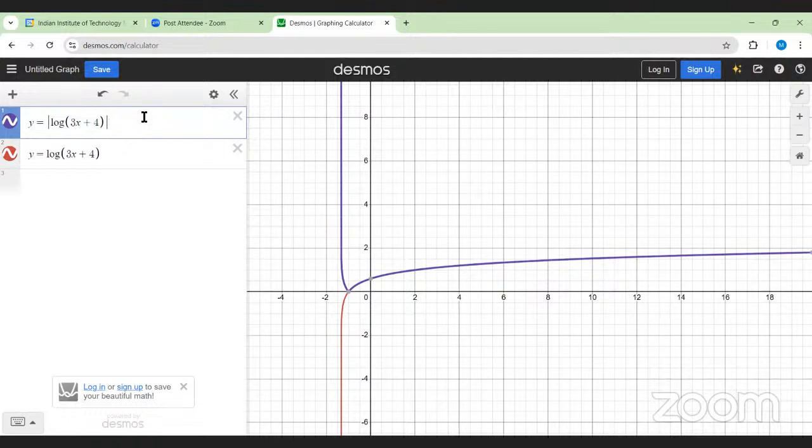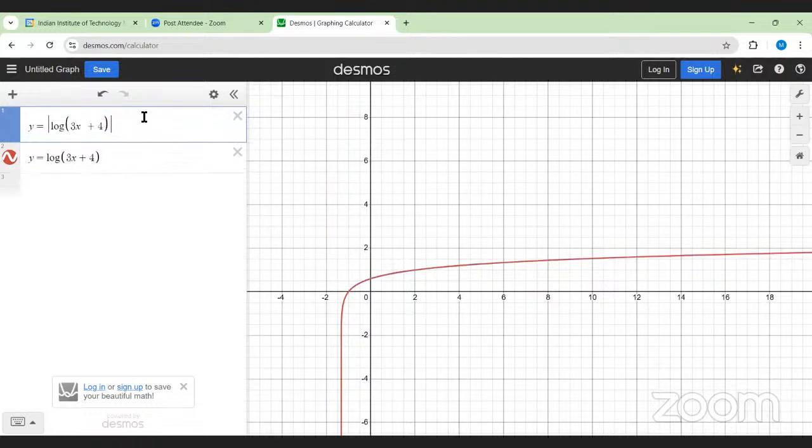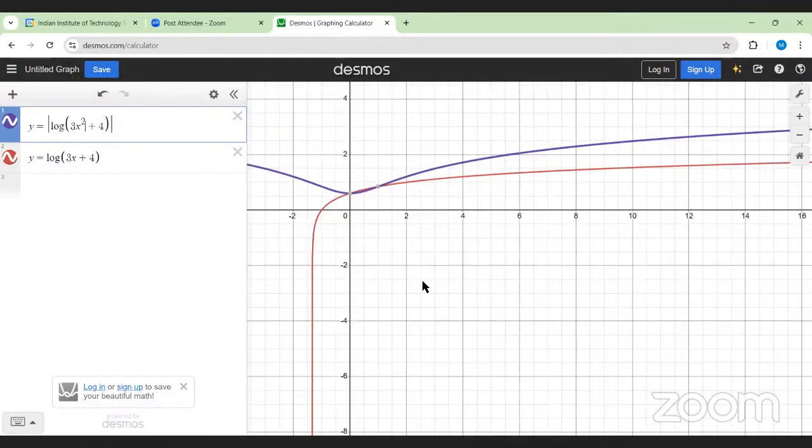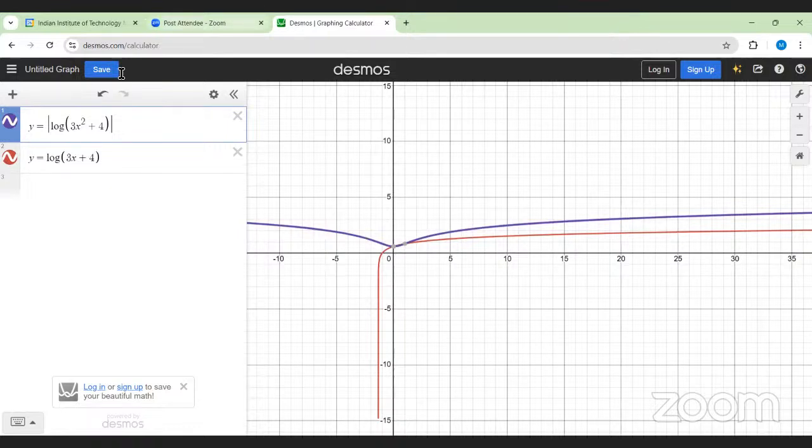If it is a quadratic function, then it won't, because there are some problems. Suppose I take a quadratic here. It will have a very random kind of behavior. You are seeing the blue line, right? Yes. So that's why it is a little complicated. It's not that tough, but it is a little complicated.